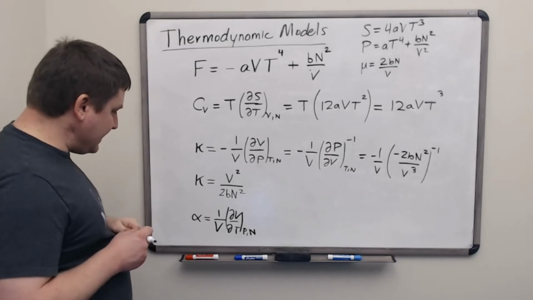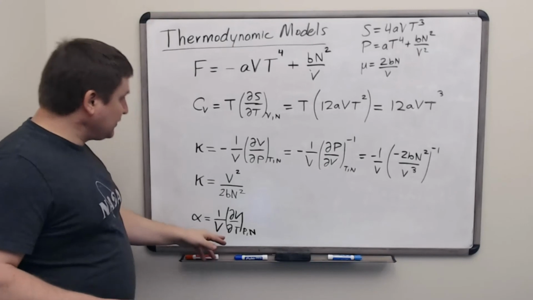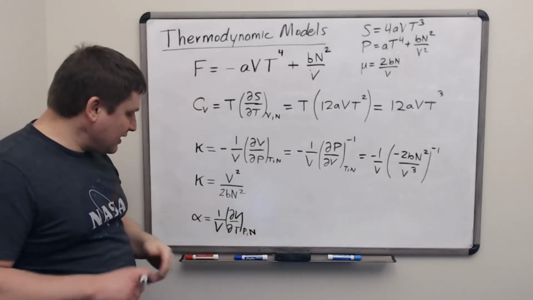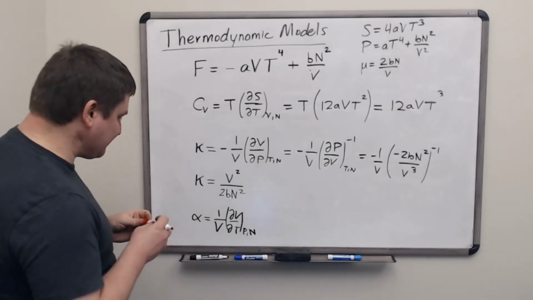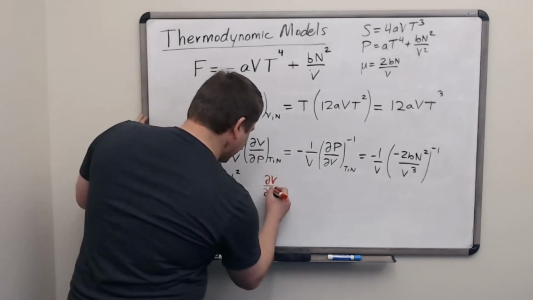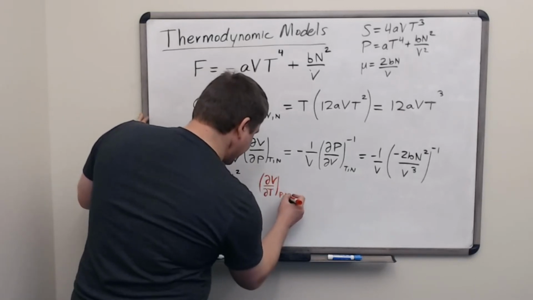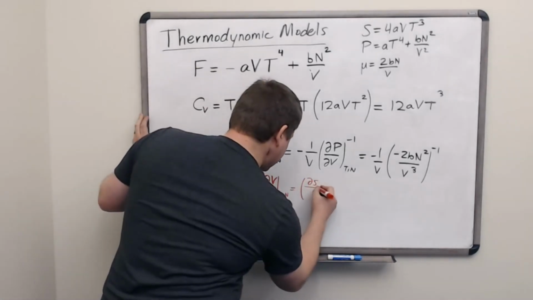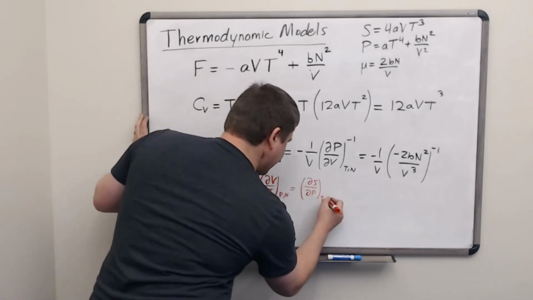Perhaps there is a Maxwell relationship I could use. Even though we're dealing with Helmholtz free energy here, a Maxwell relationship here would come from the Gibbs free energy. Let me consider that just by writing it out in red. The Maxwell relationship that might be usable would be dV/dT at constant pressure and particle number equal to dS/dP at constant temperature and particle number.